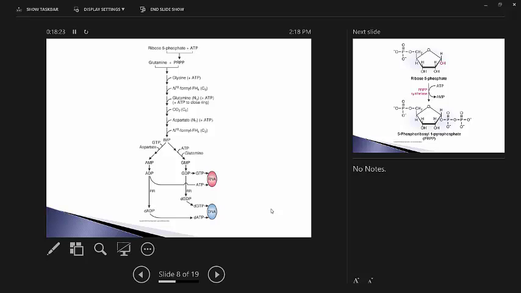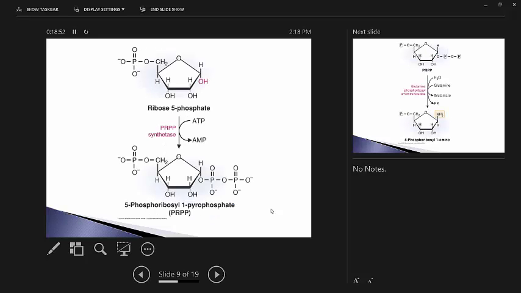So what's going to happen? This is now ribose 5-phosphate with ATP, and we're going to get phosphoribosyl pyrophosphate, which is a high-energy compound. This is the first step: ribose 5-phosphate with PRPP synthetase.